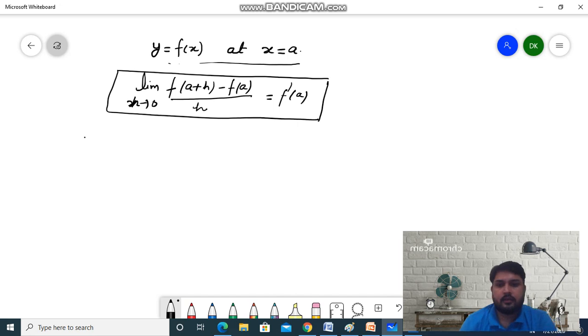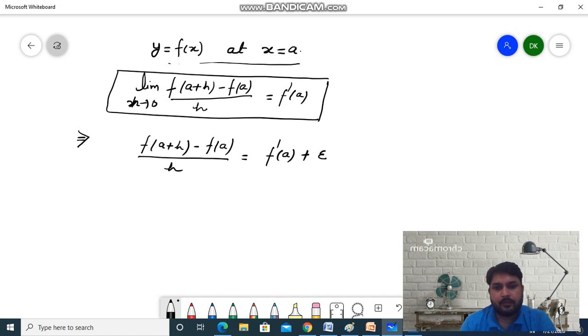We can also rewrite this equation as f(a plus h) minus f(a) upon h is equal to f dash a plus epsilon. Epsilon is there because of this limit.